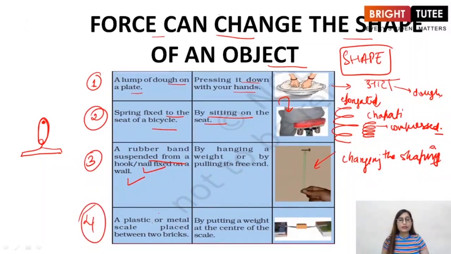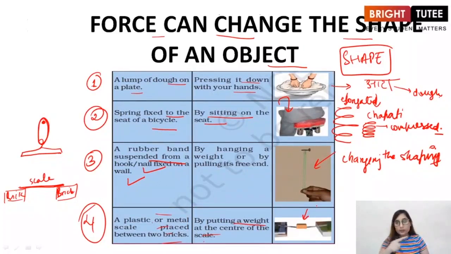Fourth example, a plastic or metal scale placed between two bricks. You have two bricks, brick 1 and brick 2. You have placed a scale on the top of both bricks, right? These are the bricks, and this is the scale, right? But what you do is, by putting a weight at the center of the scale, you have now put a weight on the scale.